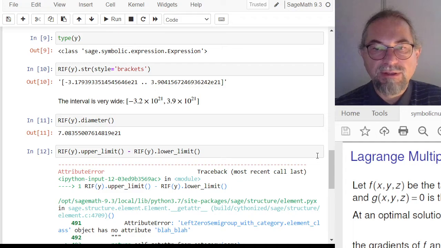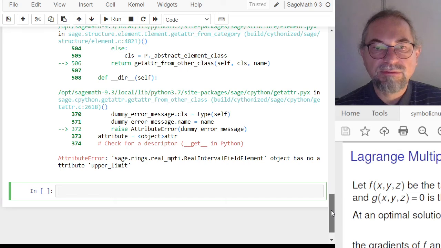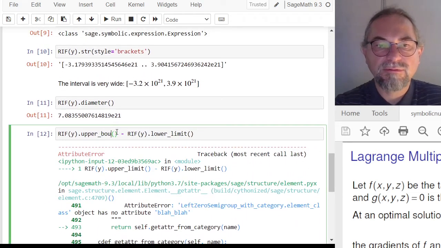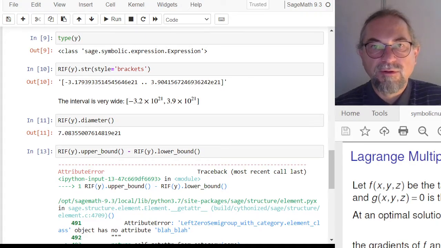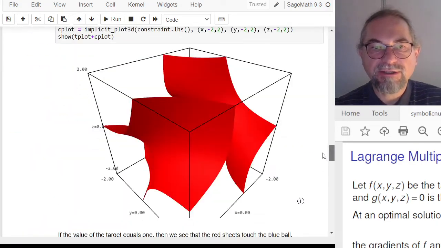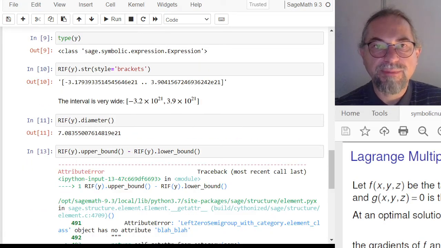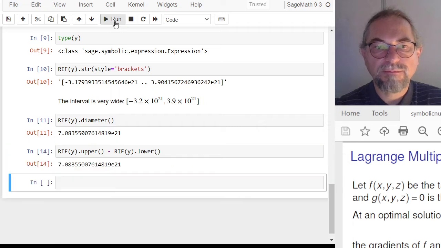I think it might be the lower bound and the upper bound. Okay, then I have to check my preparation here. So it's just upper and lower. So this gives the same as the diameter.